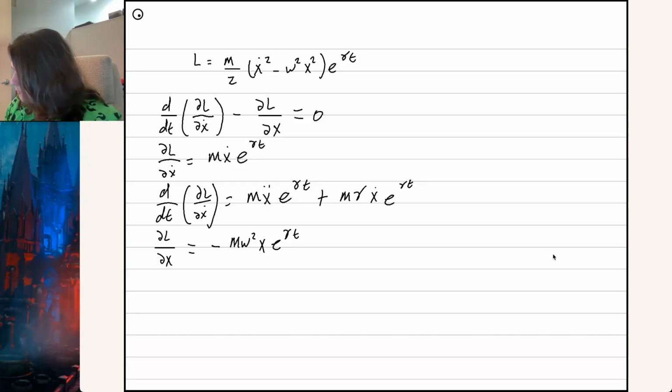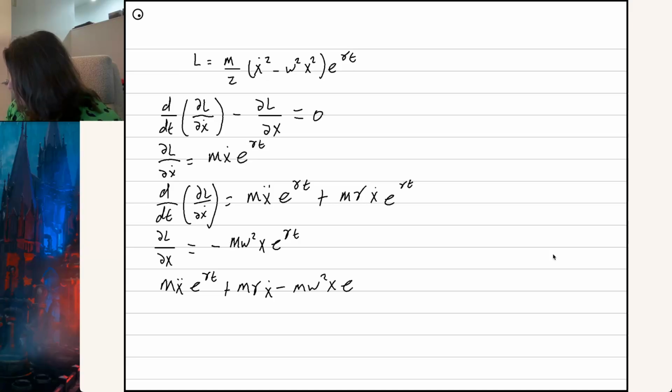Cool, so we have all our partial derivatives. We can just plug that into the Euler-Lagrange equation. All of them have a factor of e to the gamma t and a factor of m. And I don't want to jump the gun. Oh, I missed a term there, actually.